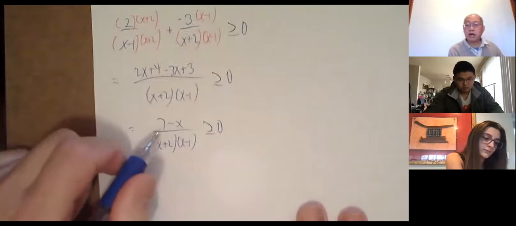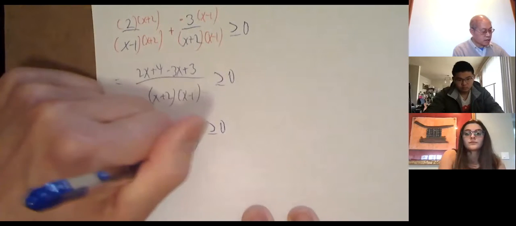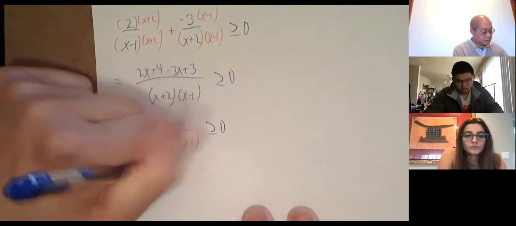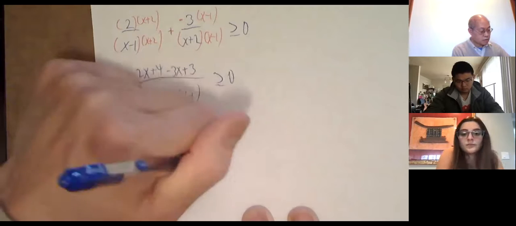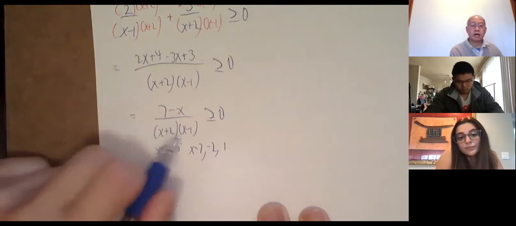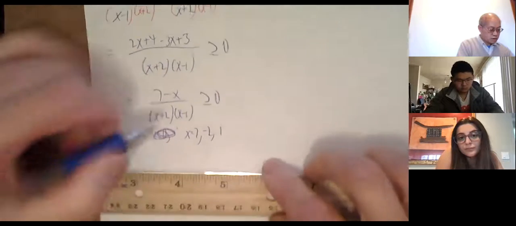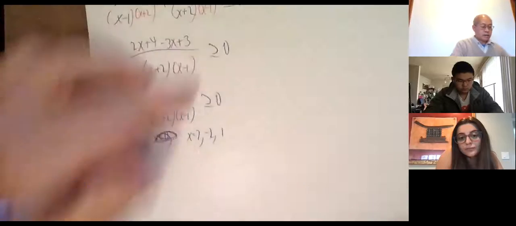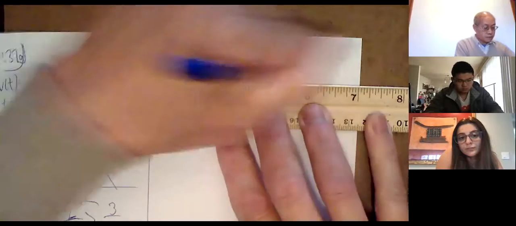Okay, so my boundaries are whatever makes the top or bottom 0. That's, oh, I'm sorry, 7, negative 2, and positive 1, right? 7 makes the top 0, negative 2 makes the bottom 0, and 1 makes the bottom 0. Sorry, I'm at the bottom of the paper. I'm going to come up. 7, negative 2, and 1.